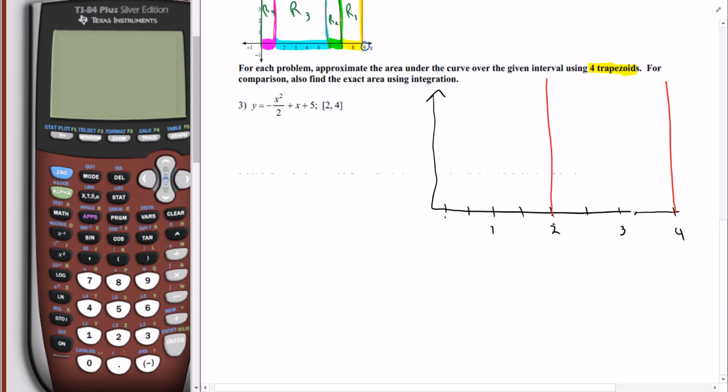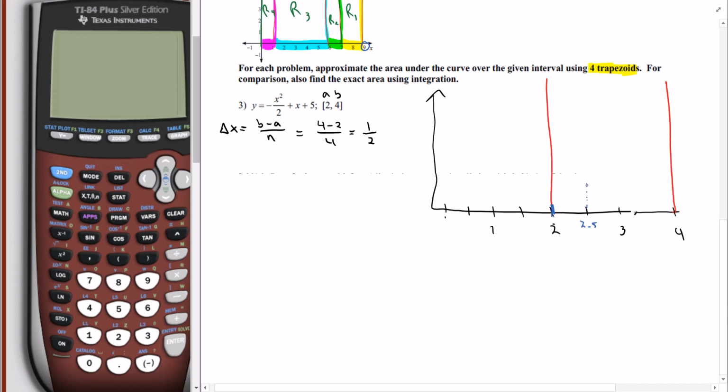So the way we're going to do this is, what we're basically finding is our delta x, which is taking our interval and dividing by the number of rectangles or trapezoids that we're trying to find. So in this case, it's 1/2. So my intervals should each be 1/2 unit in length, right? So I start at 2, I'm going to count over half, which is going to put me at 2.5, right?